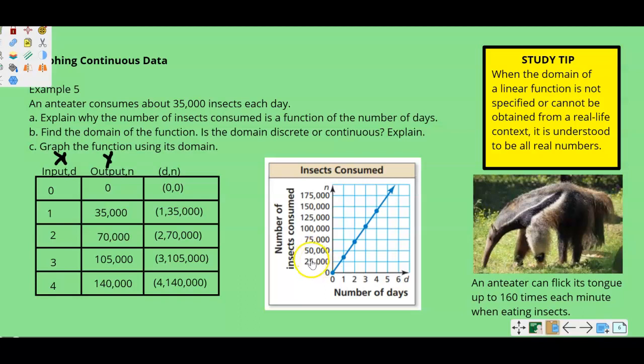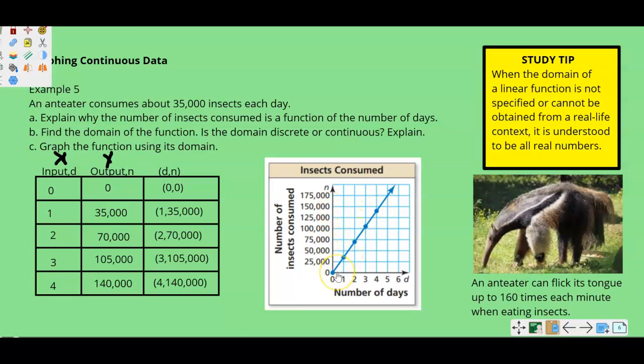Typically your brains think 25s, it's easy to calculate for getting a scale to go to big numbers here. But 35,000 would be slightly above 25. You can see it's not on a specific point, but that's okay. 70,000, again, is going to be just under 75,000. And then 105 would be just above 100,000. And day 4, 140 would be just under 150, between 125 and 150.